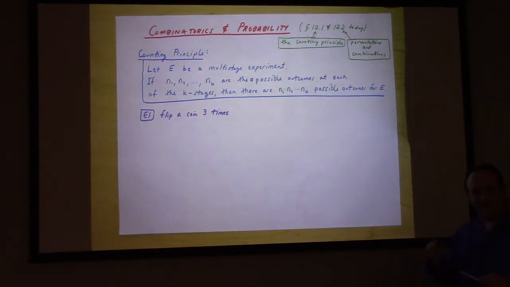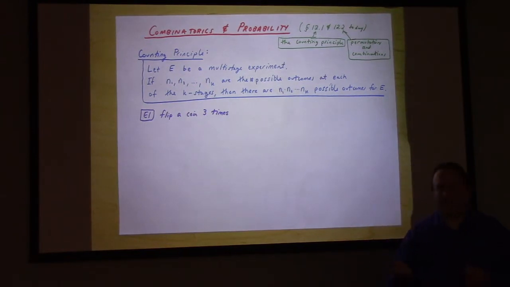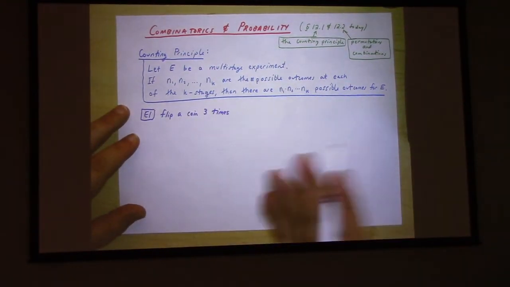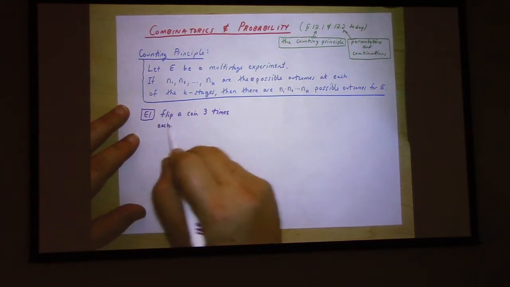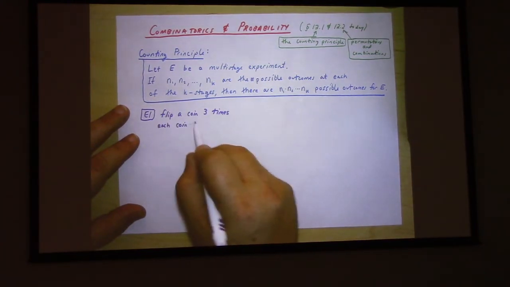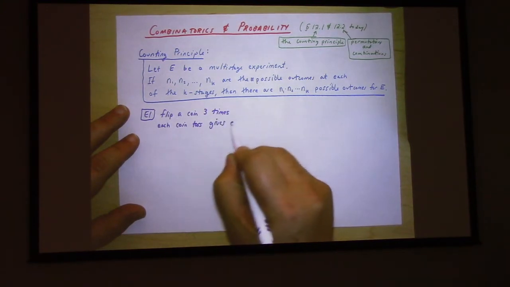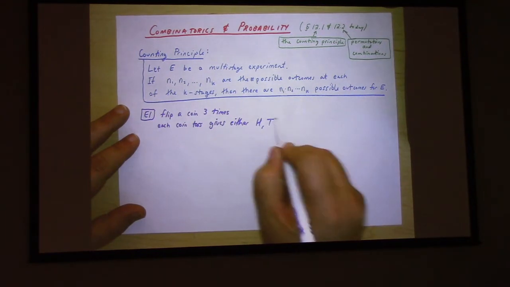Like you've got heads and you've got tails. So for each coin flip, how many possible outcomes are there? Each coin flip, you've got either heads or tails, right?